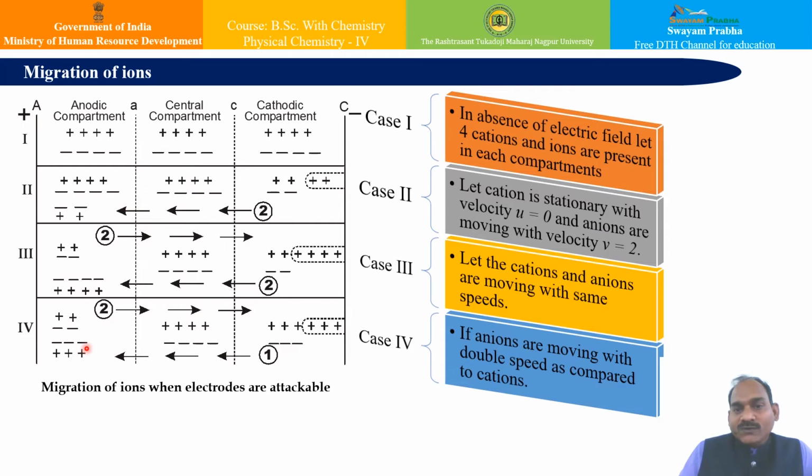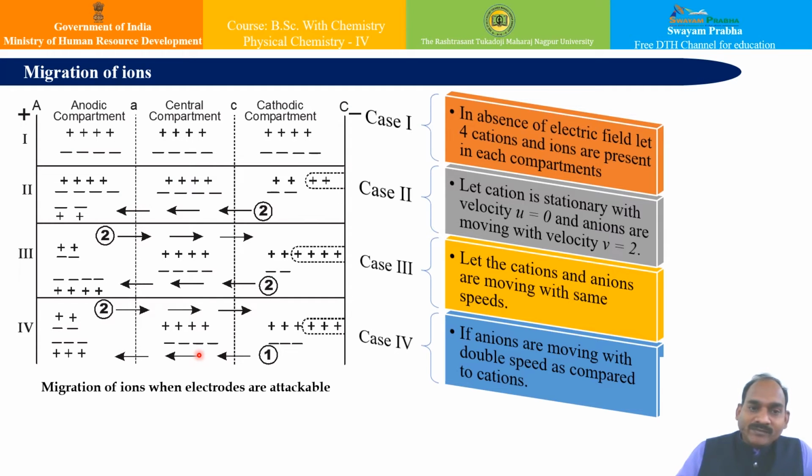Now from these 4 cases, we can again make some conclusions. What are those conclusions? We can conclude that the number of cations and anions discharged at both the electrodes are always equal, irrespective of their speeds and the types of the electrode. Secondly, we conclude that the concentration in the central compartment always remains constant.